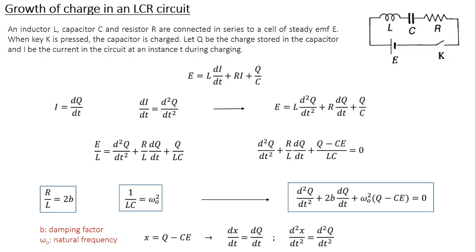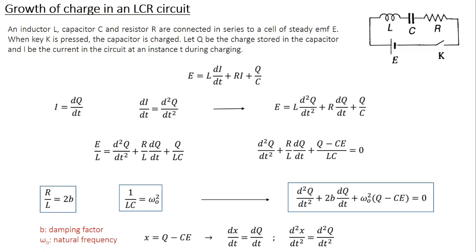So at very low temperatures, the resistance becomes almost 0. There you can make an approximate ideal LC circuit. Otherwise, for all practical purpose, whether you are including an external resistance or not, your system is going to behave like a LCR circuit or a damped harmonic oscillator. So that's the prelude to an LCR circuit.